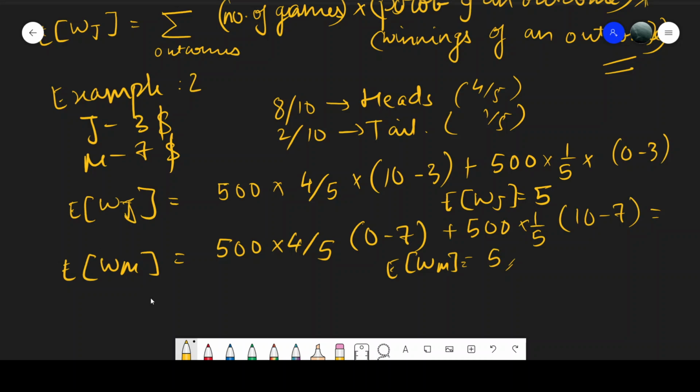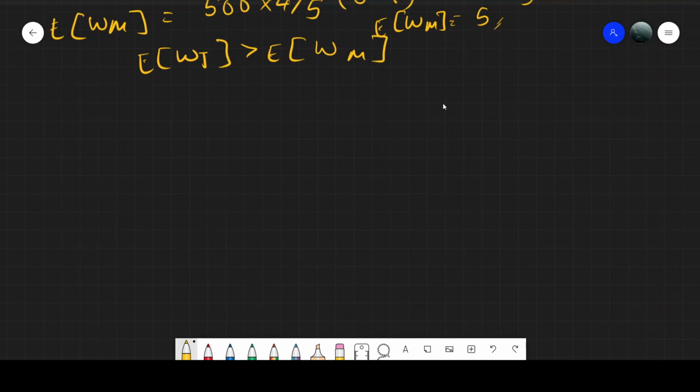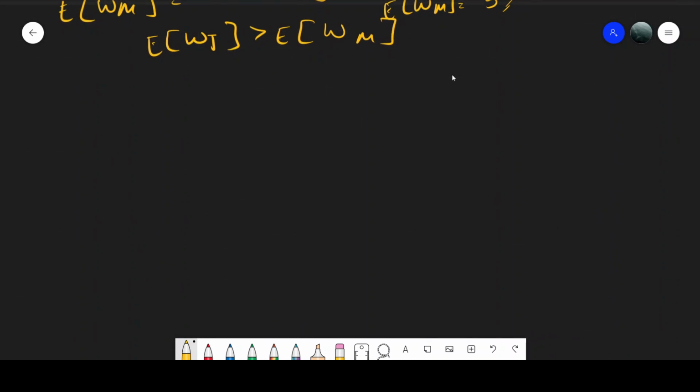Now, it's easy to see that this is not a fair game because the expected winning of John is greater than the expected winning of Mark. There are multiple ways of making this a fair game. You can work your way back to see how this becomes a fair game. If I want to make the game fair to both John and Mark, I want to make sure that it's a zero-sum game.